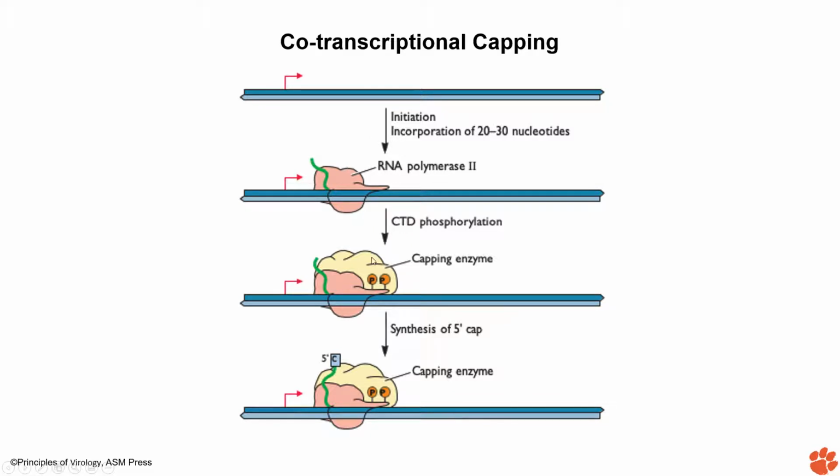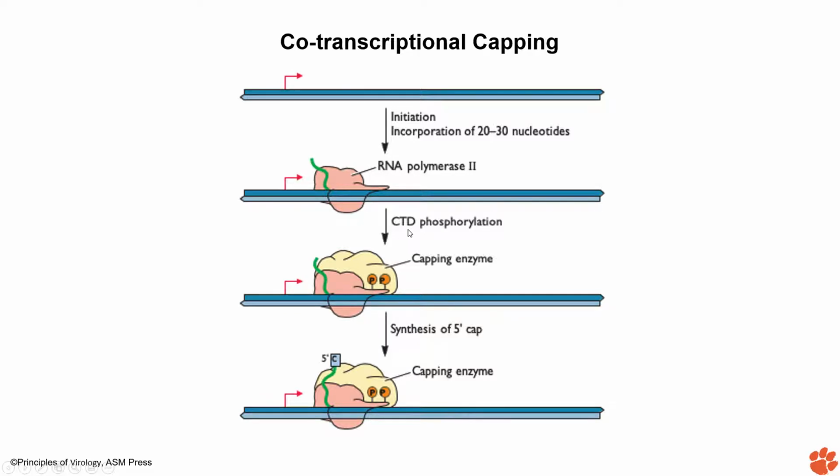What it does is phosphorylate the C-terminal domain of the RNA polymerase II. Remember that RNA polymerase II needs to reach at least 20-30 nucleotides of RNA length, and then the C-terminal domain, CTD, phosphorylation happens.